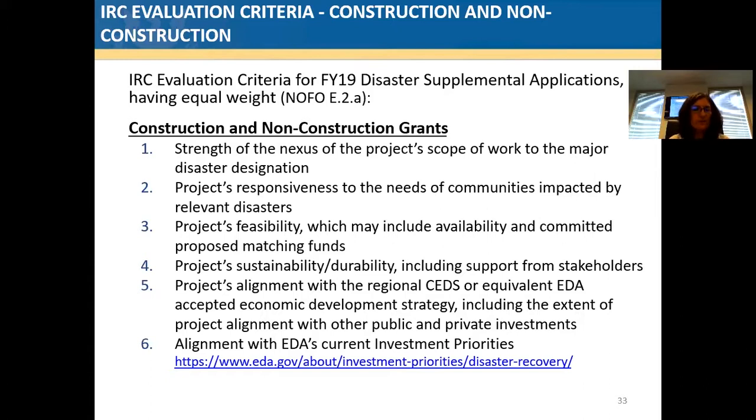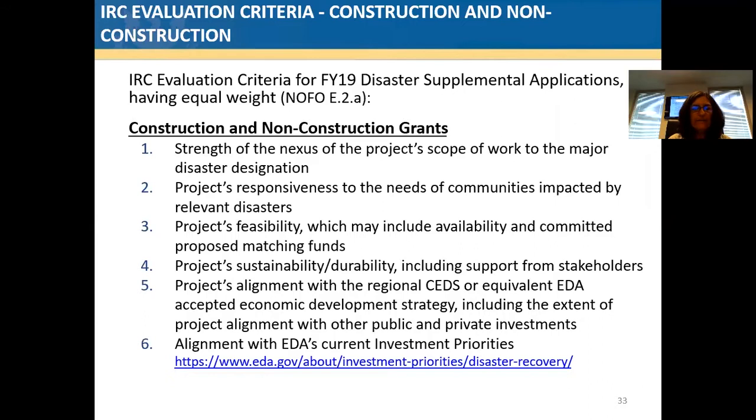So for example, we've talked about the nexus. We've talked about the responsiveness to the needs of communities. We talked about number 5, the alignment with the regional CEDS or CEDS equivalent. We talked about the feasibility of the project and the importance of matching funds.